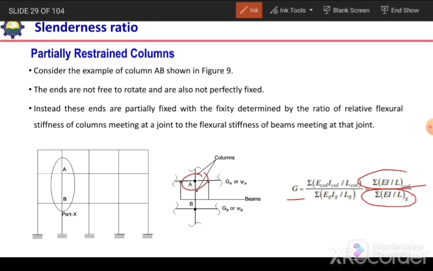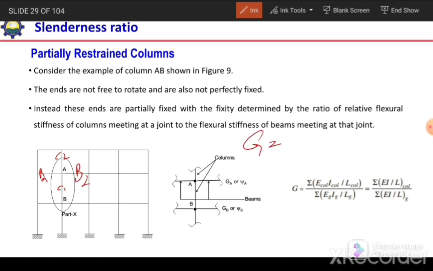So for example, if we see this joint A, here at this point we have 2 beams and 2 columns meeting at that joint A. So we need to calculate the flexural stiffness of these 2 columns, the upper one and the lower one, and we also need to find the flexural stiffness of this beam as well as this beam, and then we need to take the ratio. For example, this column is C1, C2, this is B1 and this is B2.